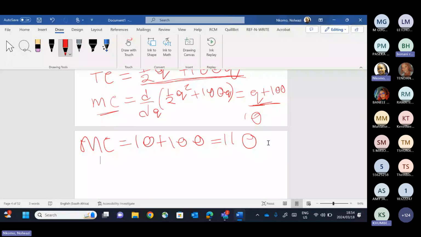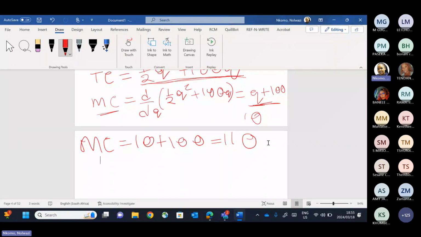Remember we said the marginal revenue, right? Oh, no, the marginal cost. That is just the increase or decrease in cost from producing one more unit, right? Or serving one more customer. And here we were given the quantity as 10.